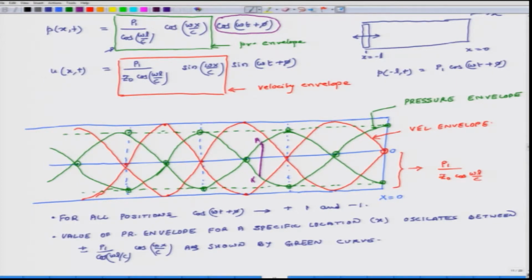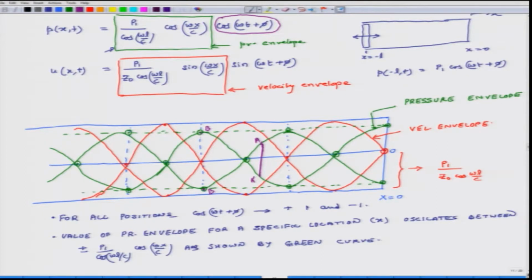Now, look at another point B. Here the value in the green box fluctuates between its maximum and minimum possible value, and cosine omega t fluctuates from +1 to -1, because time is just so it fluctuates.